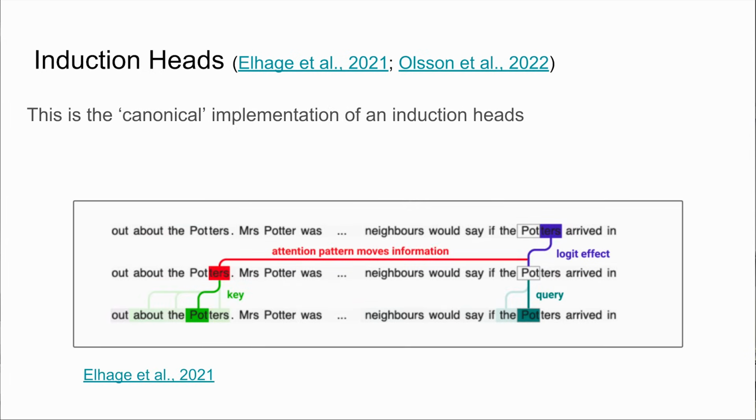And we don't need to get into the implementation details, but I have some slides for it if people have questions. This is the canonical implementation. There are many ways that a model could actually implement an induction head. That part's not super important, but this is I think the most well-known one.